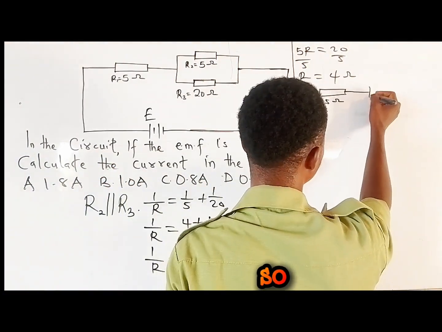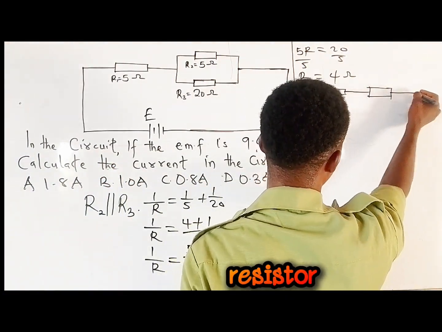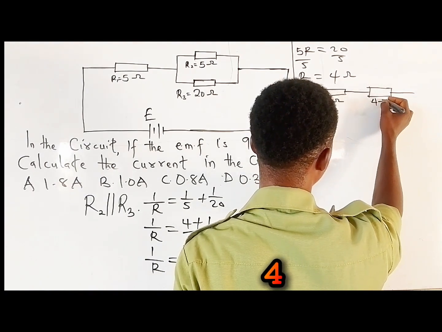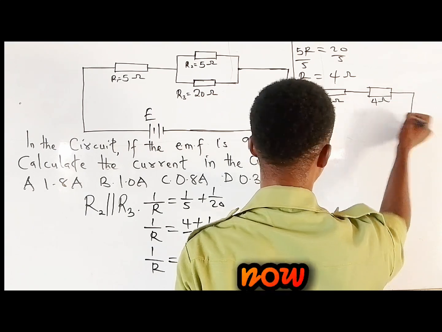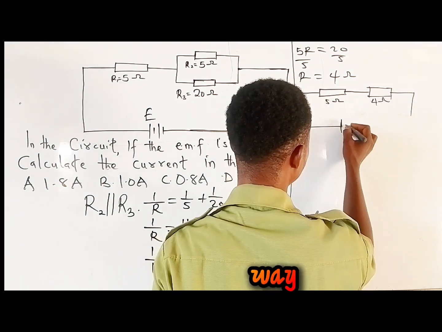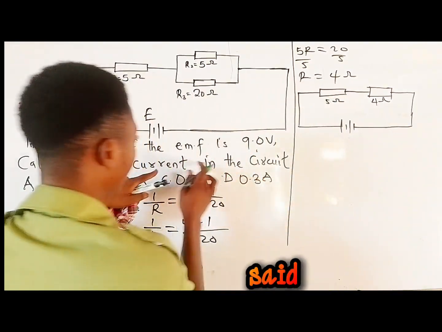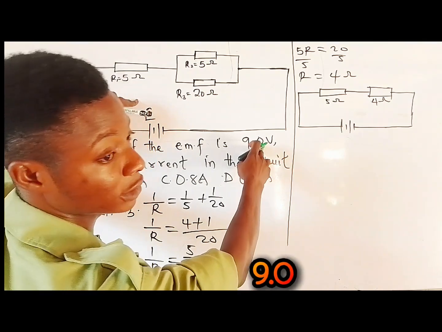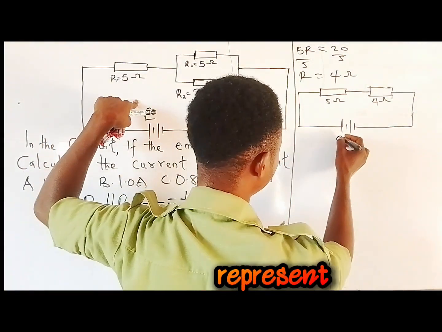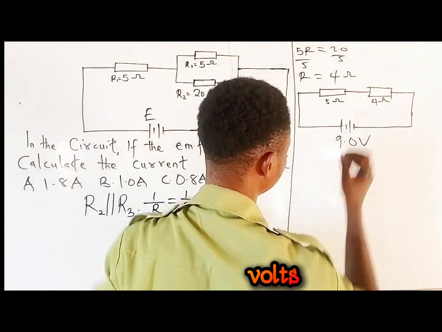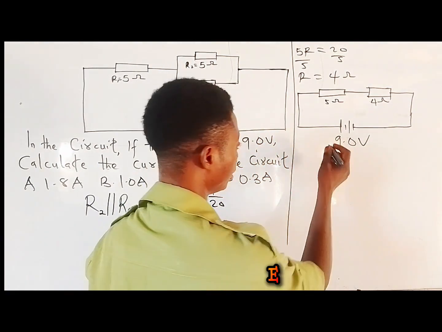Then the circuit continues this way. Remember, we have an EMF of 9.0 volts, which is our E.